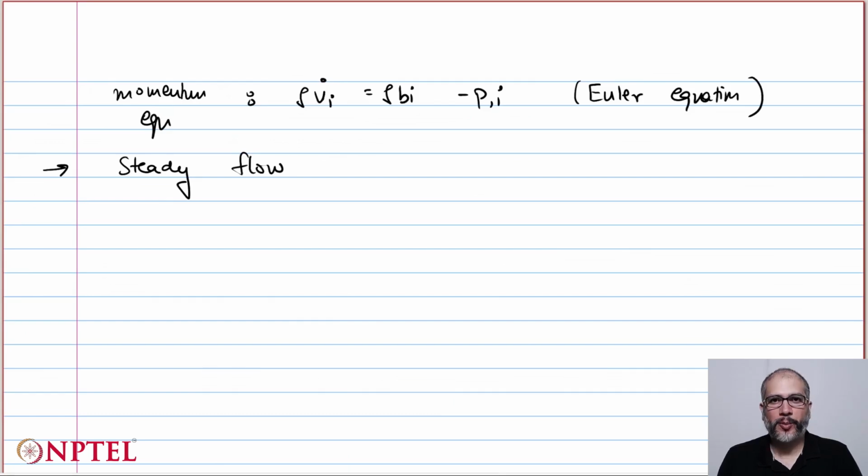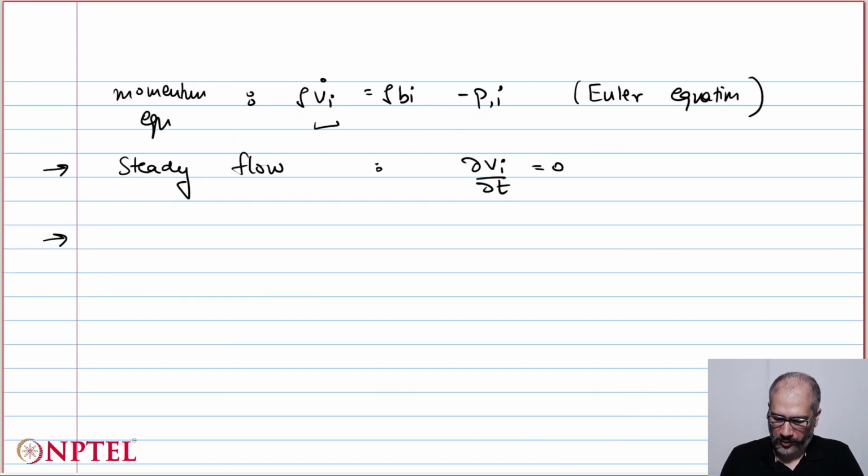So if you fix the spatial coordinate and look at the change in a quantity, let's say velocity, with respect to time, then that would mean that del v_i by del t is 0. So in the momentum equation on the left hand side, when we expand this in terms of the material derivative, we can put the partial derivative of the velocity field with respect to time as 0 for a steady flow situation.